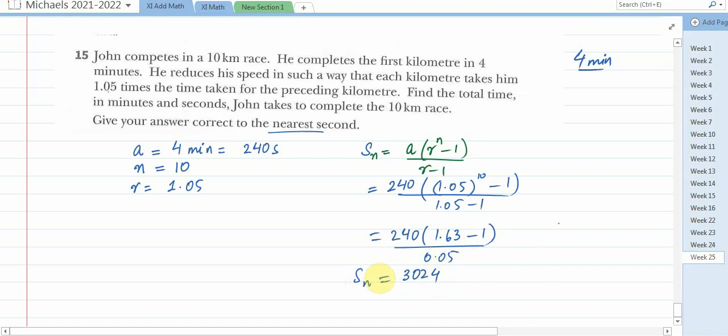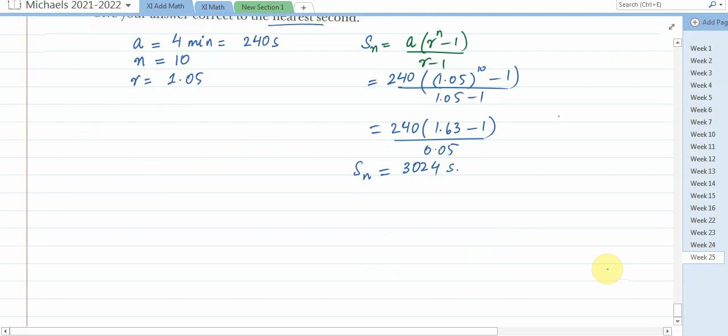Alright, but that is not your final answer, because it says to find the total time in minutes and seconds. This answer is in seconds and you need to convert it into minutes. How are you going to do that? It's very simple.